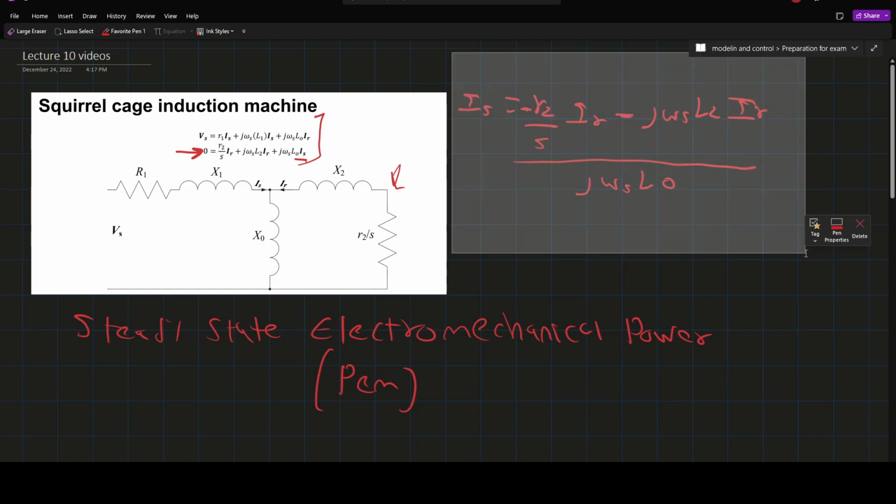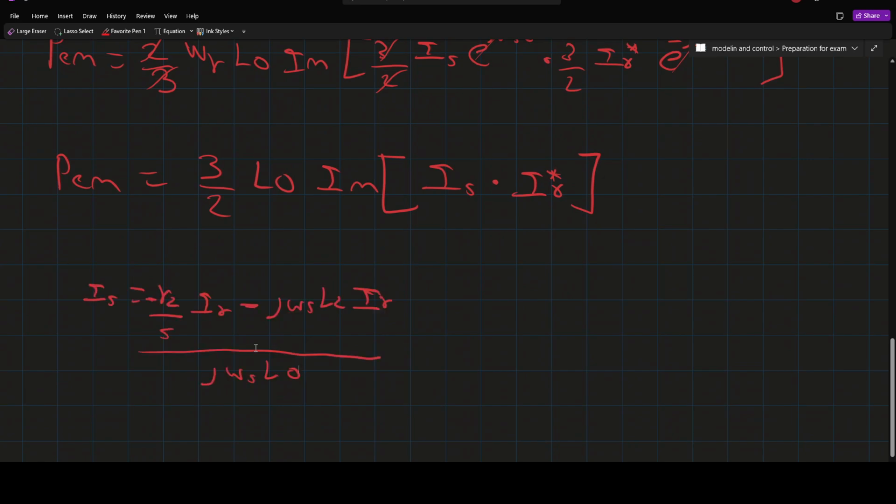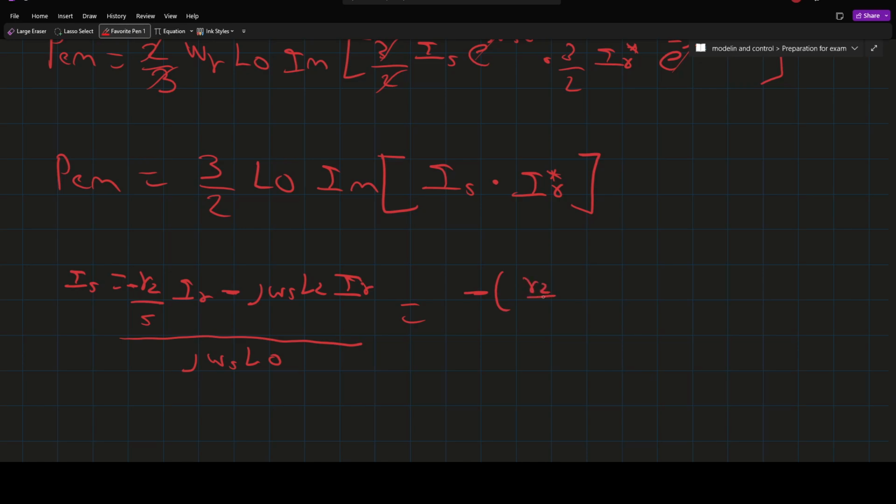So here we have this equation for is. Maybe we can factor out the ir, so we're gonna have minus (r2 over s plus j omega s L2) times ir over j omega s L naught.